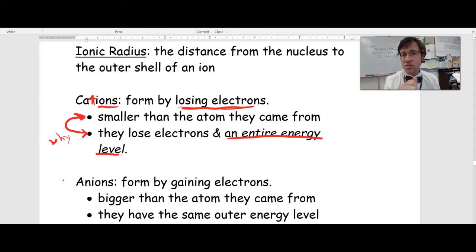So cations are small because they lose the entire outer shell. And they do that because the shell underneath has the magic 8 valence electrons that makes them super stable. You guys understand what I'm saying? So cations, or positively charged ions, lose electrons, but they lose the entire outer shell. Whole thing gone. Boop. So they shrink down a little bit.